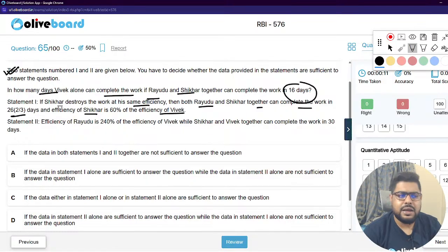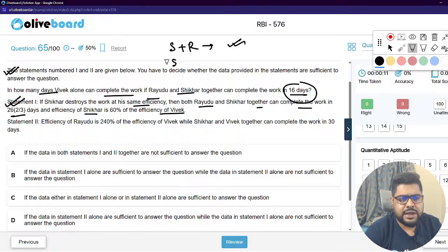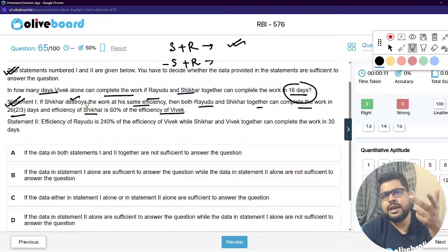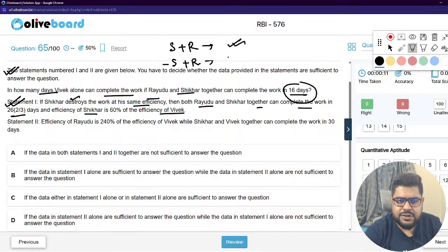This will come from here, sir. Why? Shikhar plus Raidu, I'm giving you this efficiency. And Shikhar minus Raidu, meaning when Shikhar is working negative, destroying the work, that is also known.